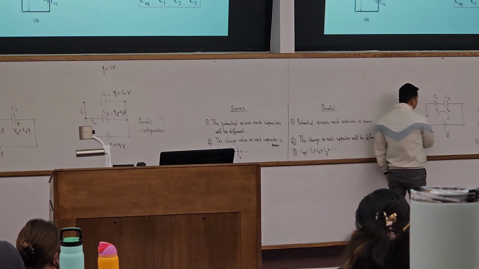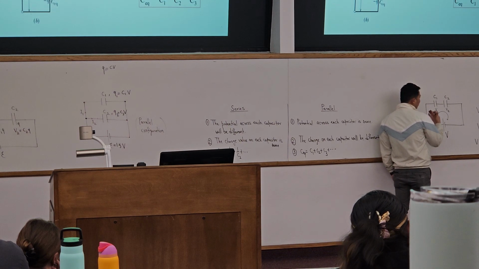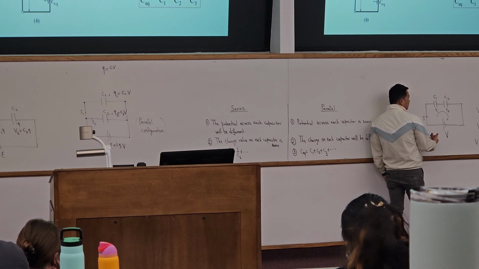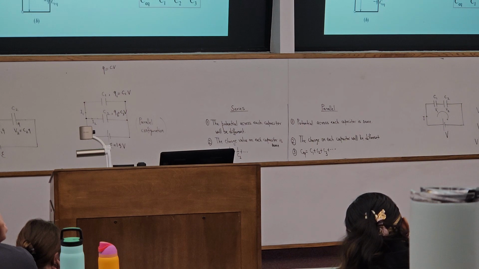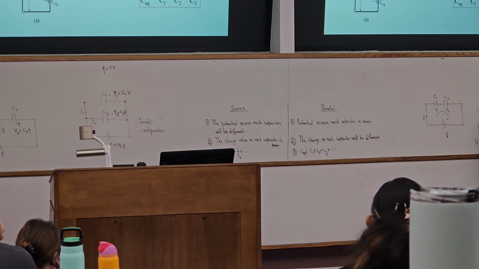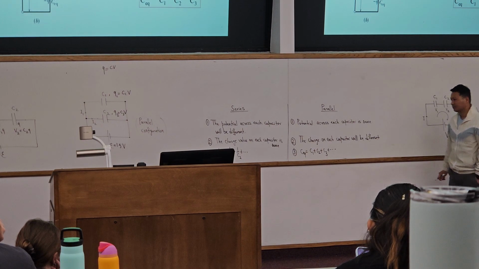A circuit having two capacitors can be replaced with a simple capacitor having the equivalent capacitance of C equivalent, and you can calculate this C equivalent by 1 over C equivalent equals 1 over C1 plus 1 over C2.